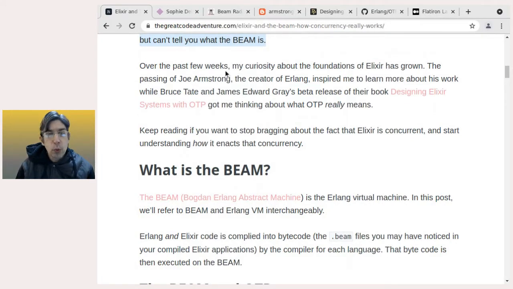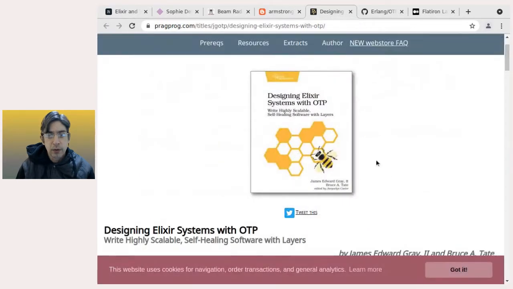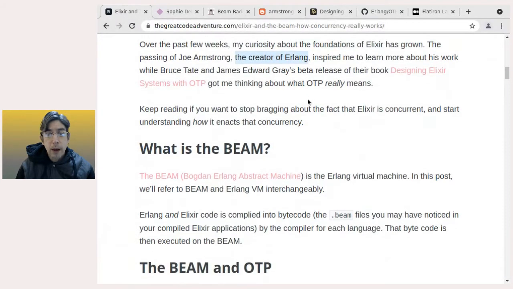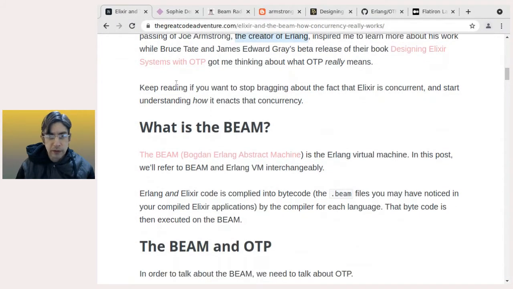Over the past few weeks, my curiosity about the foundation of Elixir has grown. The passing of Joe Armstrong, who died in 2019, one of the creators of Erlang, inspired me to learn more about his work, while Bruce Tate and James Edward Gray's beta release of their book, Designing Elixir Systems with OTP, now in its version 1.0, got me thinking about what OTP really means.